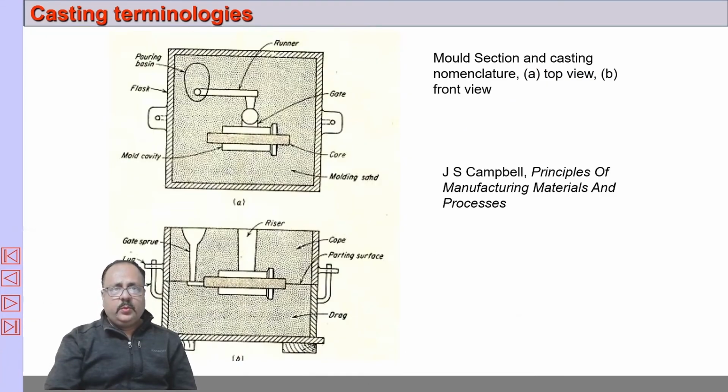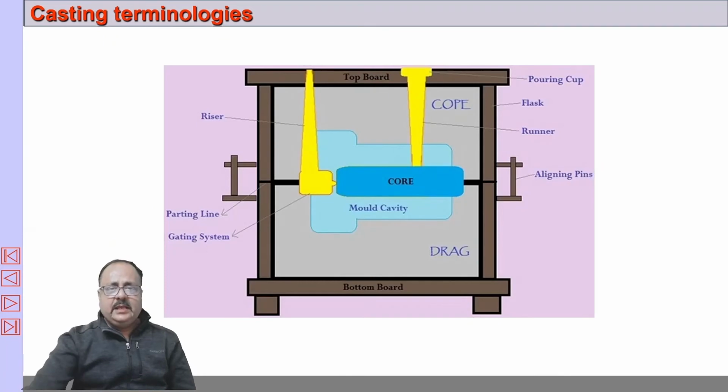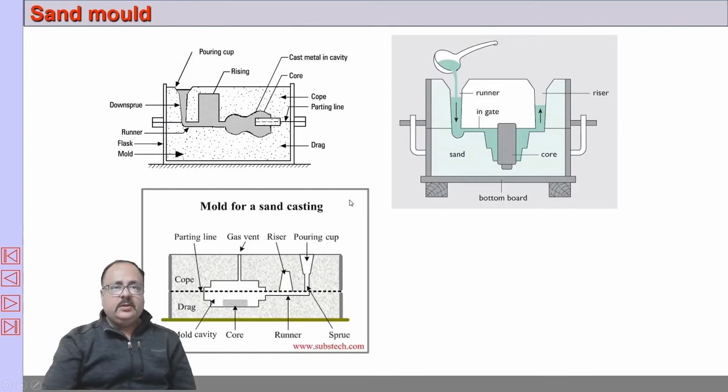So you can see here, this is the core, this is the core print, this is the sprue, this is the riser. Sorry, this is the pouring cup, this is the sprue, this is the riser. So here, for different aspects, you can see here, this is the riser, blind riser is there, this is the casting, this is the mold cavity, this is the core, this is the pouring cup, this is the runner.